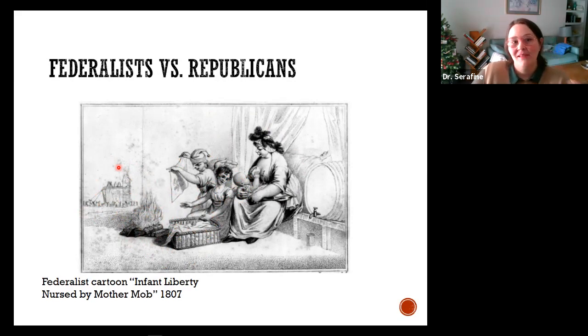The Bastille conveniently had both political prisoners and arms in it. So it was a one-stop shop for French revolutionaries. They're associating this American mob with French revolutionaries. So this is a good cartoon if you want to think about the Federalist perspective. This is what the musical Hamilton gets wrong. Musical Hamilton is not talking about how Mother Mob is going to take over and destroy the country.